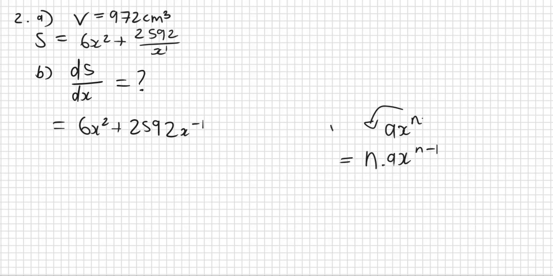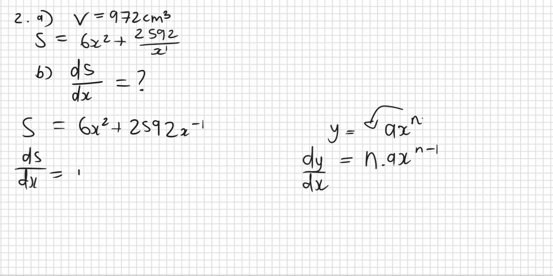If this was y, this would be dy over dx, but now we're working with ds over dx because our equation starts with an S. Okay, so let's do that. So this is S with the exponent written in the numerator. So we look at ds over dx.